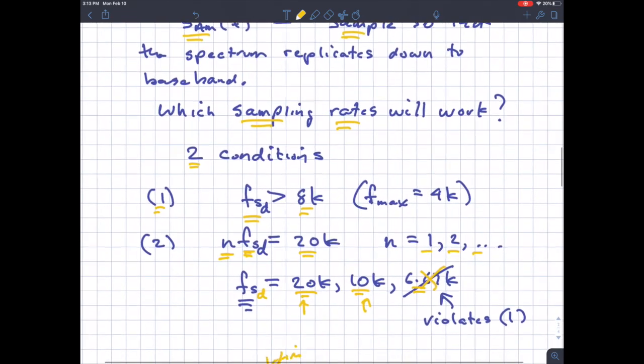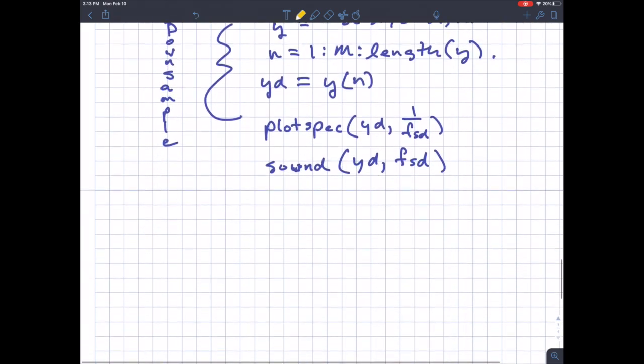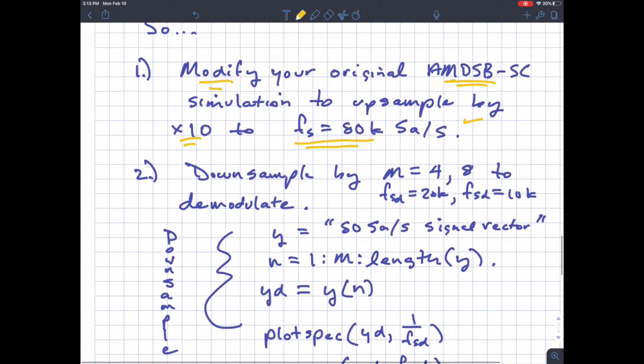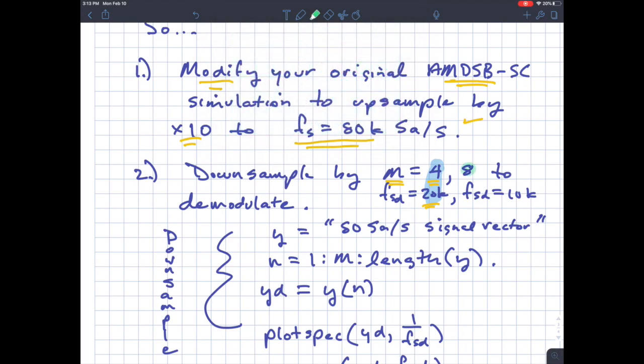If I wanted to convert that, I would simply downsample by 4, which lands at an FSD of 20K, or by 8, which gives an FSD of 10K.